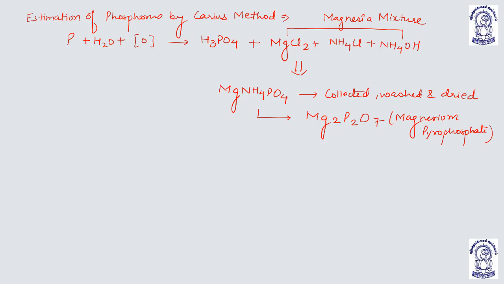This magnesium pyrophosphate comes as a precipitate. We will calculate the weight of the magnesium pyrophosphate and from it we calculate the percentage of phosphorus.